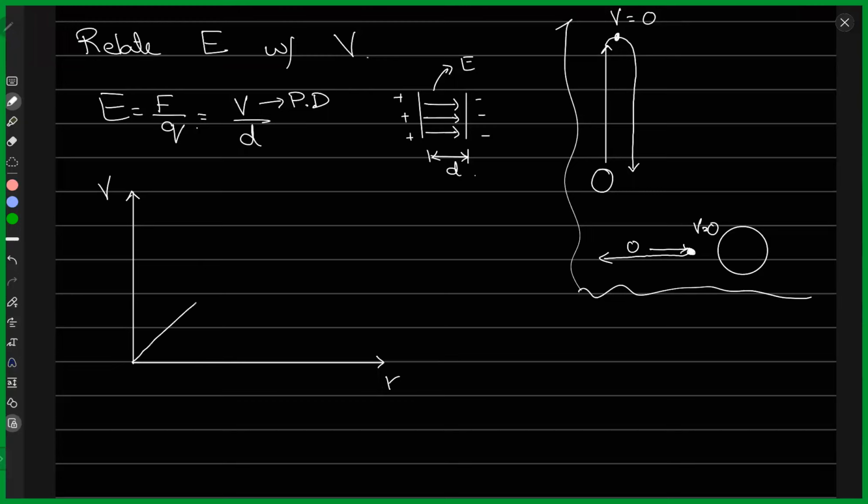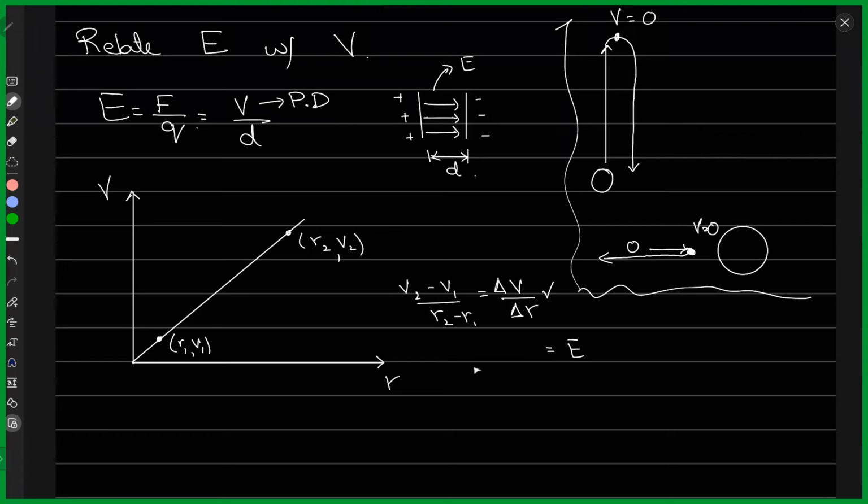It looks something like this, right? If I compute the gradient of this line, taking any two points, R2, V2 and R1, V1, the gradient would be V2 minus V1 divided by R2 minus R1, which is just change in potential divided by change in R, right?